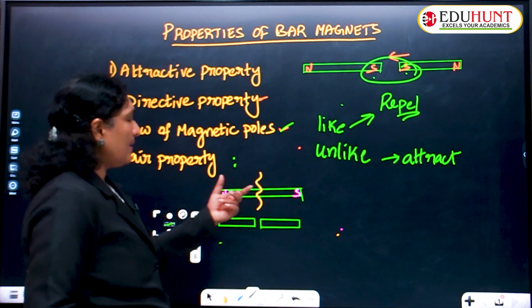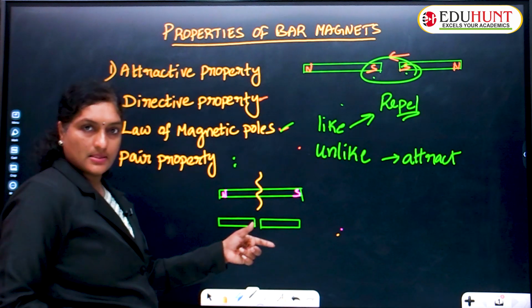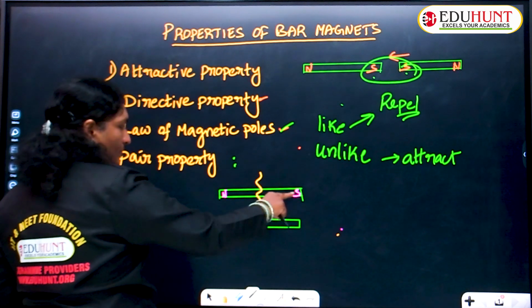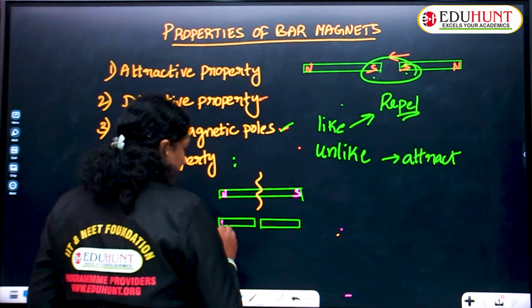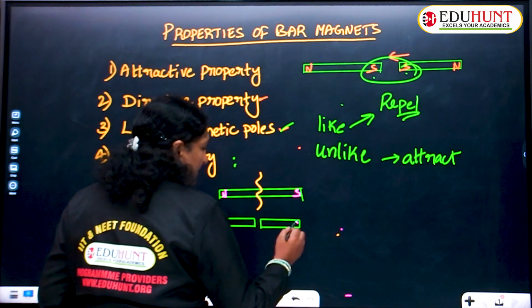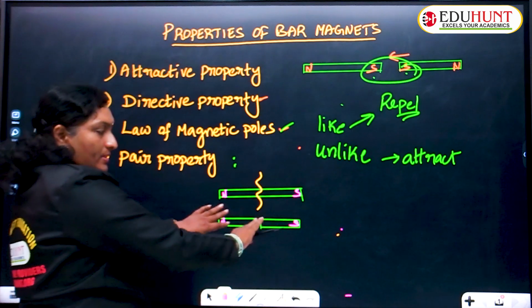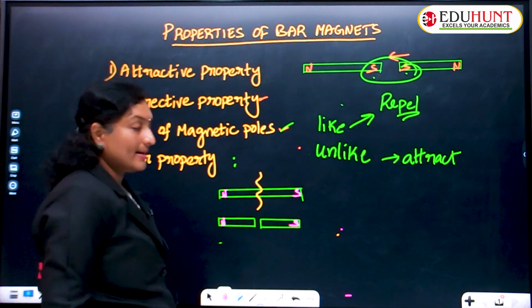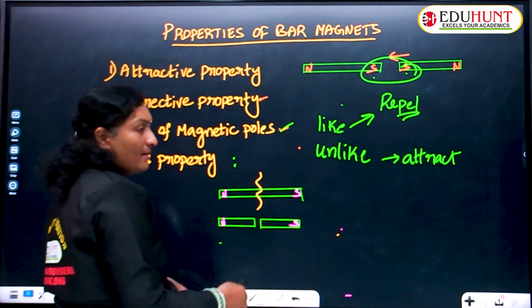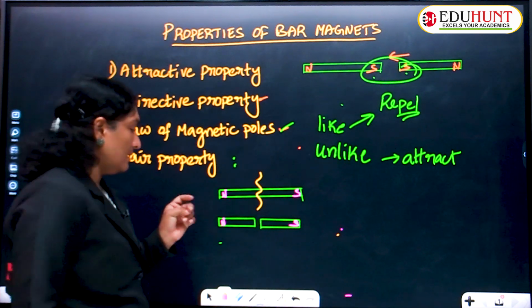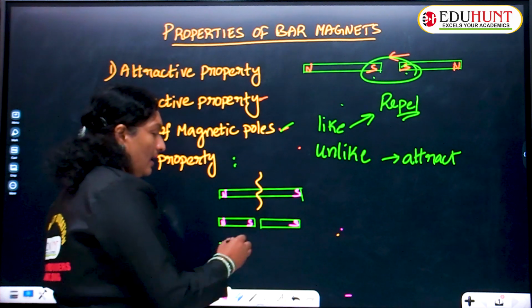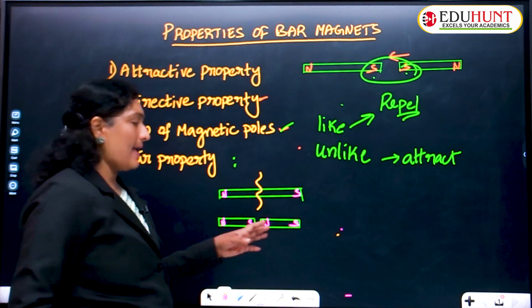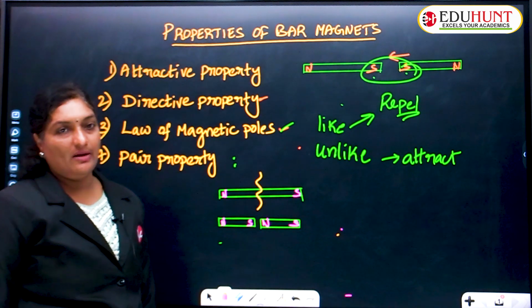When a big bar magnet is divided into two parts, one has a north pole, the other a south pole. Now they are made into two separate bar magnets, and again each bar magnet consists of two poles. Each has a north pole as well as a south pole.